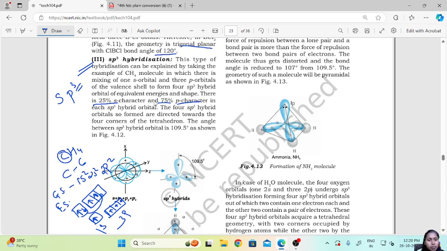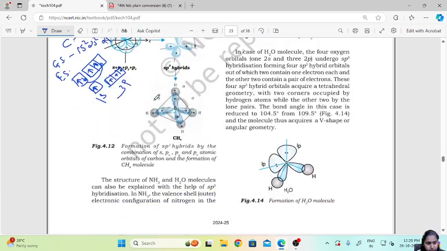So 75% of the character of that hybrid orbital will be from p orbitals, and it forms a tetrahedral structure. The angle will be 109.5 degrees. Molecules like NH3 and H2O, ammonia and water, can be explained using sp3 hybridization.